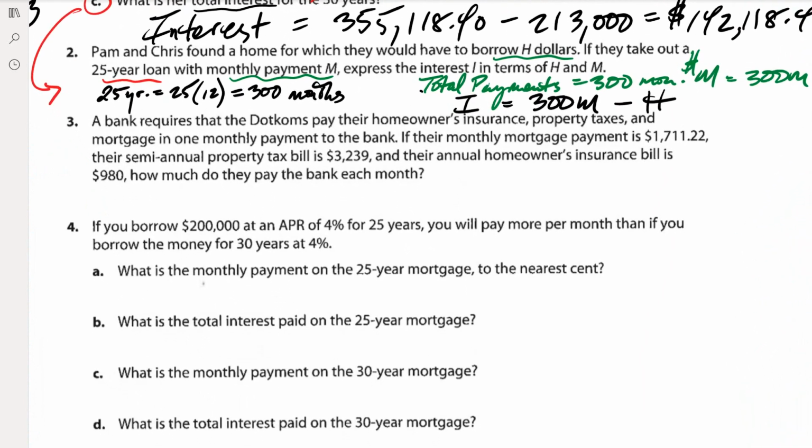All right, number 3. Cruising right along here. A bank requires homeowners to pay their homeowners insurance, property taxes, and mortgage in one monthly payment to the bank.